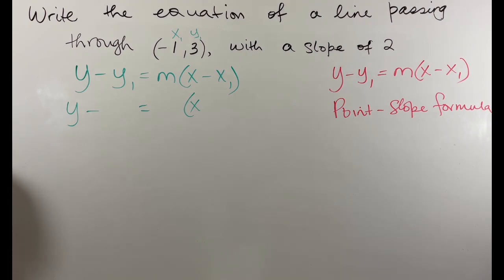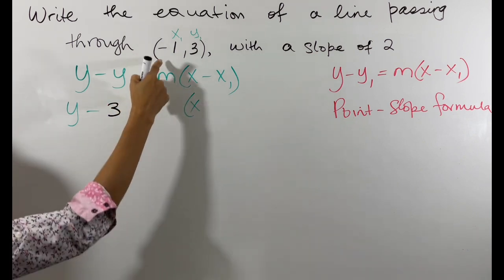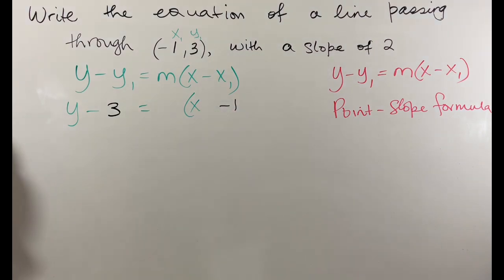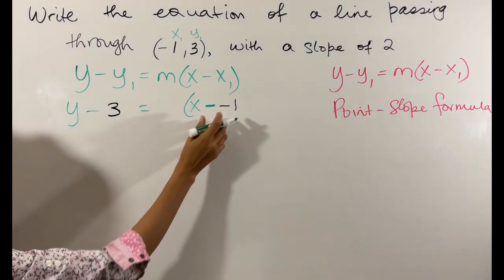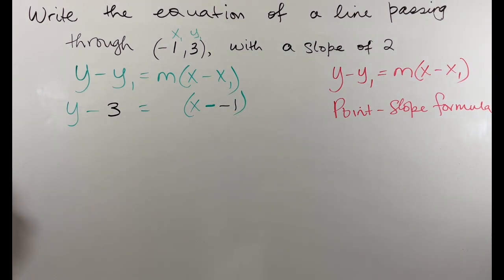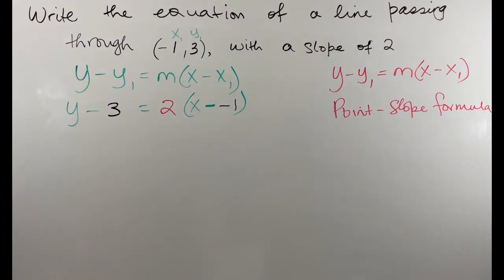We have here our y1 is 3, so I have my 3 there, and my x1 is -1. Now, be very careful here because you had a negative with the -1 there, right? And then we are going to substitute our slope, which is 2.